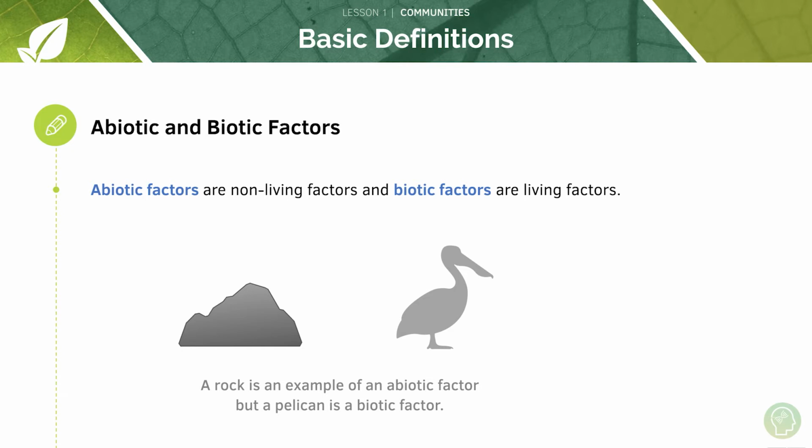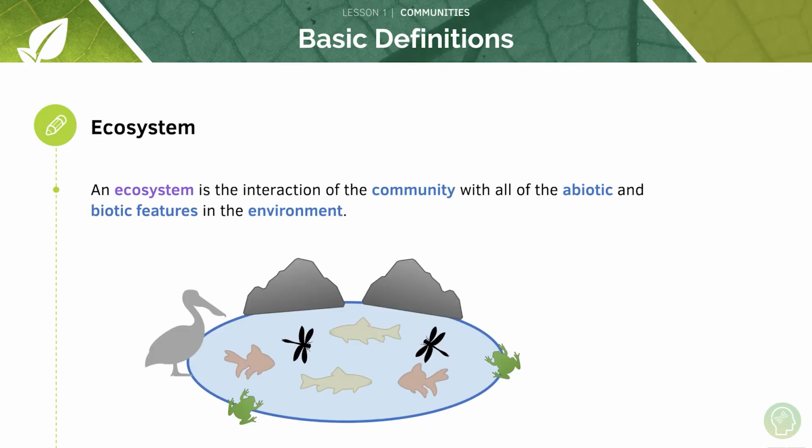So a rock would be abiotic, but a pelican is a biotic factor. So in terms of our ecosystem, we have our abiotic factors, such as our rocks, and our biotic factors, such as our community of varying populations.